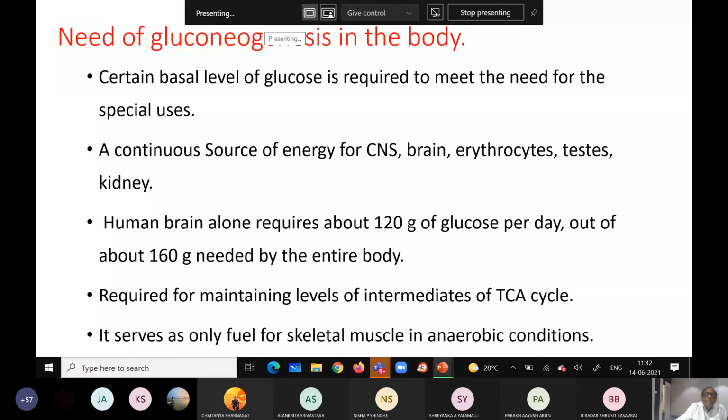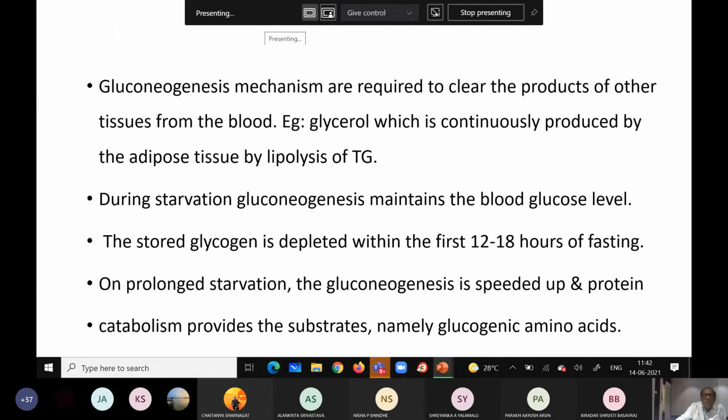So the body has made an arrangement of supplying glucose from other sources, which is referred to as gluconeogenesis. It is the mechanism required to clear the products of other tissues from the blood, that is, glycerol, which is continuously produced by adipose tissue by the action of the enzyme lipase on TG.